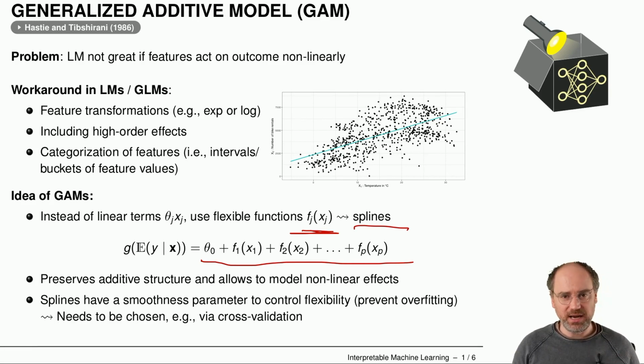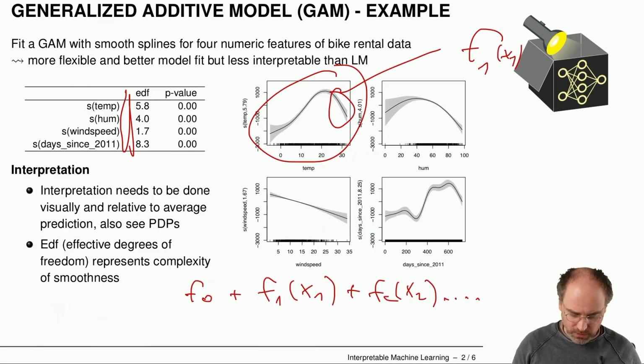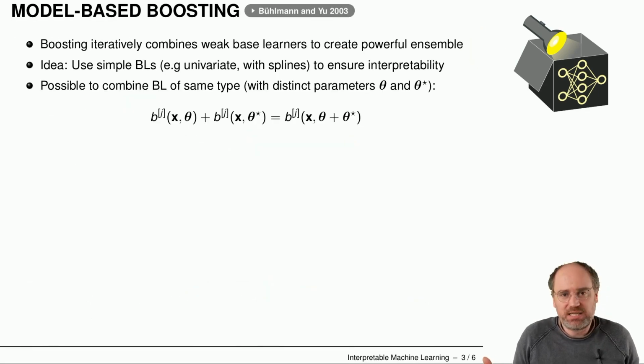We only select the features and the effects which have a positive contribution in terms of driving the risk of that model down. This is basically model-based boosting in a nutshell. There's not much more to say about that. If you've understood how gradient boosting works, this is really easy to understand.